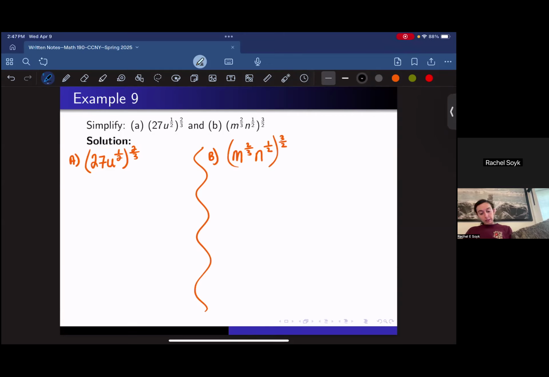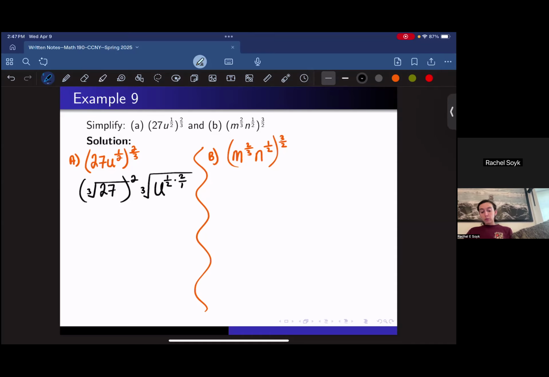So let's first take the cube root. And we can do this separately, the cube root of 27, and then we're squaring that. And then for u to the 1/2, what I want to do here is first multiply that 1/2 by 2. And then we're going to take the cube root.